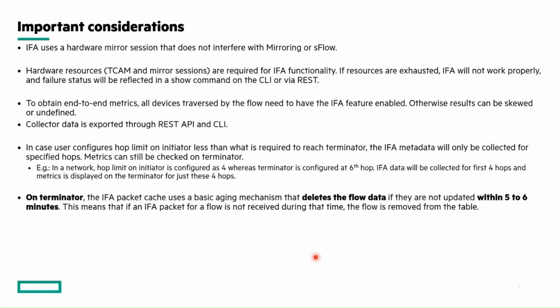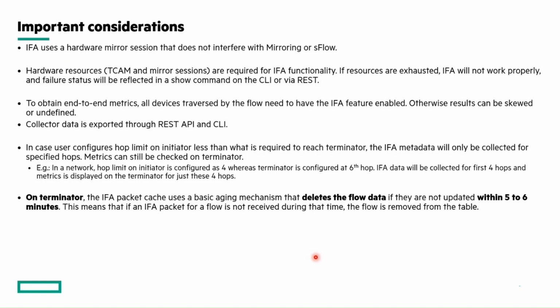If a flow has been displayed in your IFA metrics data, and no further packet comes for the same flow for the last 5 to 6 minutes, it will delete that data from the cache. This means that if an IFA packet for a flow is not received during this time, the flow is removed from the IFA packet cache.